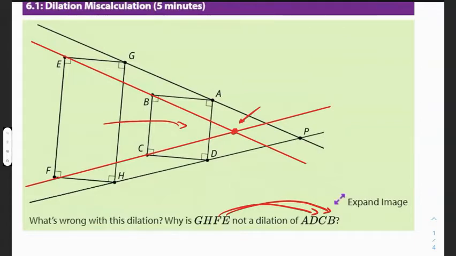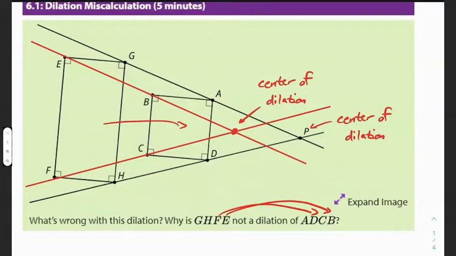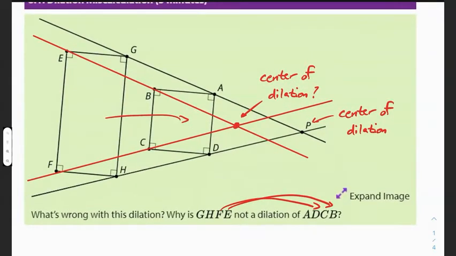The original center of dilation was point P, but as you can see, something horribly went wrong because we have two centers of dilation. That's probably an oopsie daisy indicator.